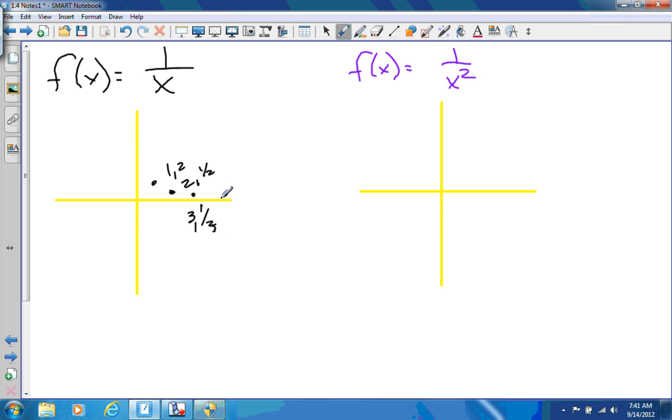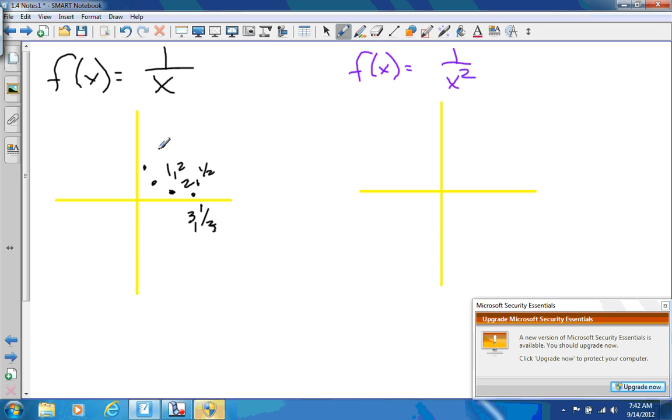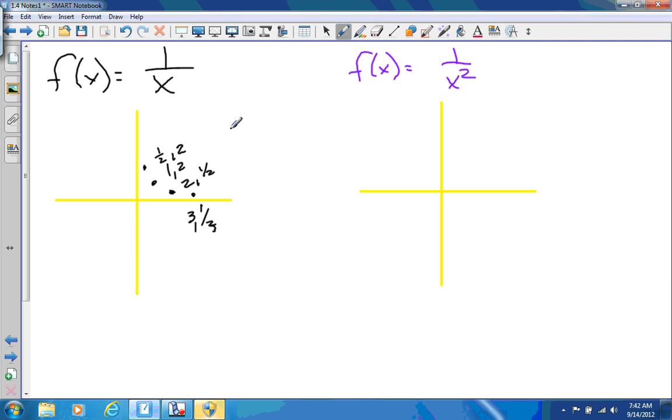A 4 in gets you a fourth, and so on and so forth. That way, if you put a half in, 1 divided by a half is 2. And if you put a third in, you'll get 3. A fourth in, you'll get 4, and so on. So it looks like this on this part. And we'll run along the x-axis, and here we'll run along the y-axis.